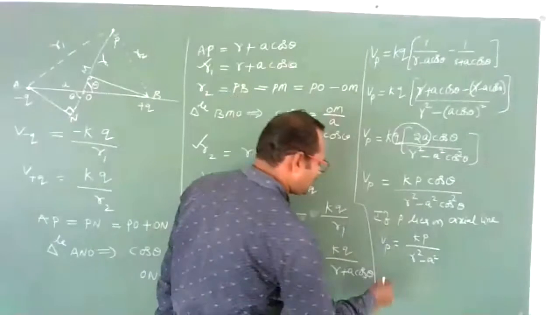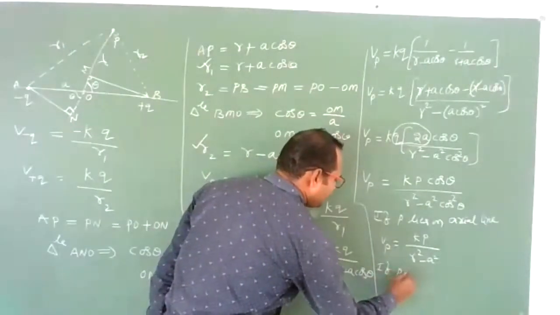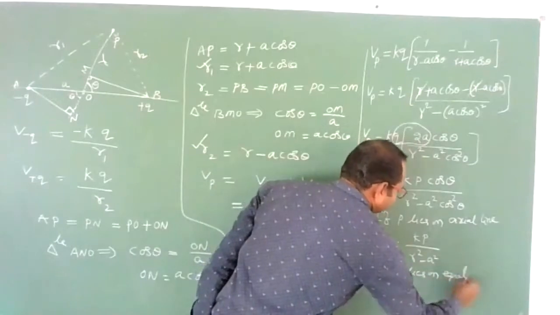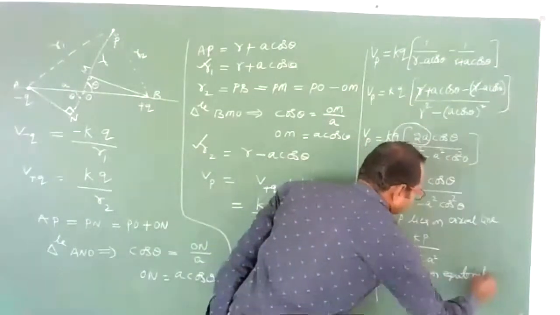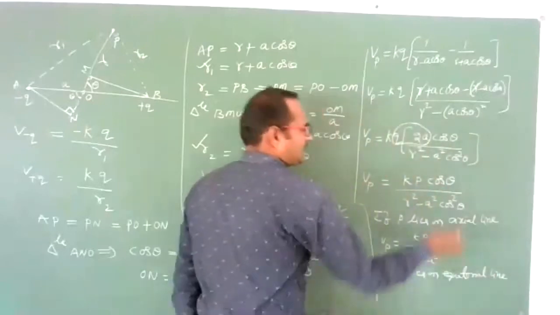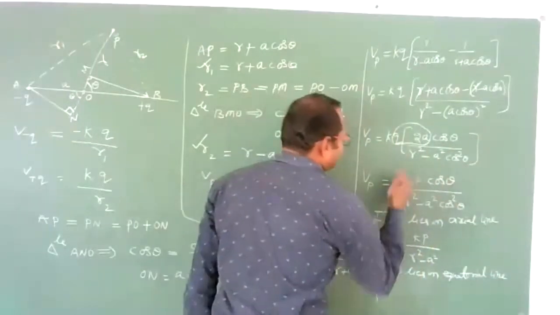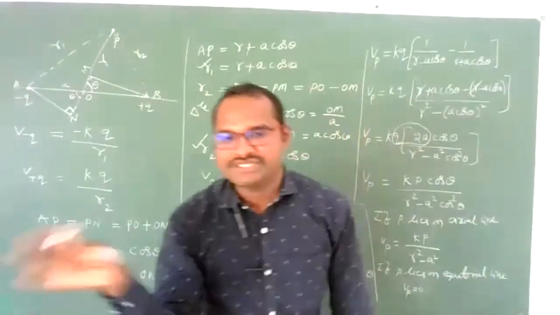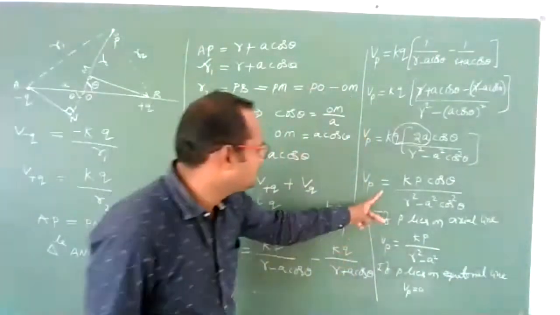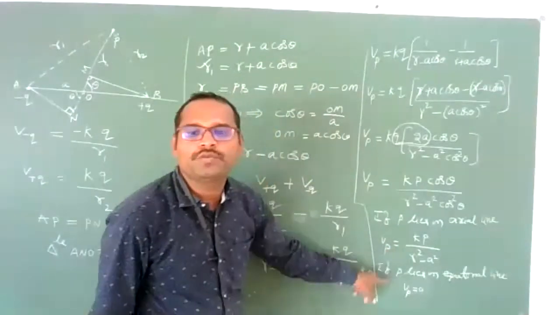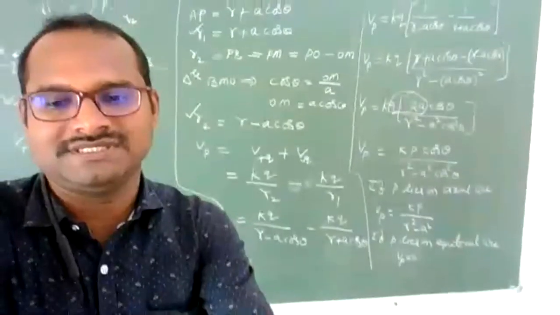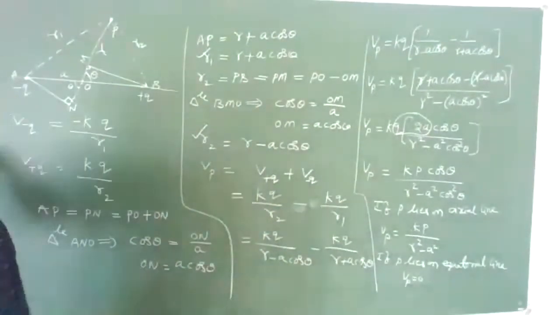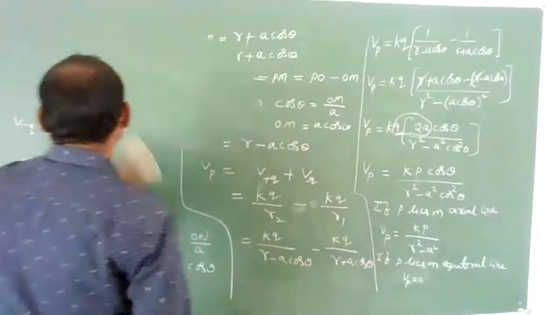So if P lies on equatorial line, theta becomes 90, cos 90 is 0, potential on that equatorial line will become 0. Derivation is not important, just remember these points. These 2 points you need to remember, that's it. It is enough. Clear, students? It is not of much importance.